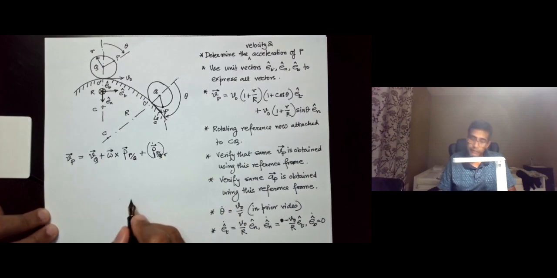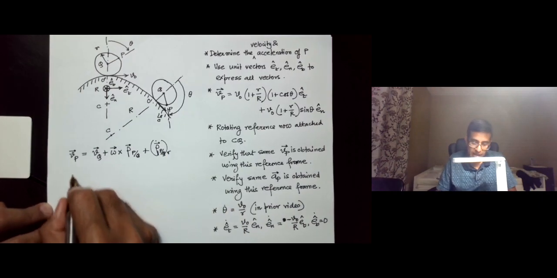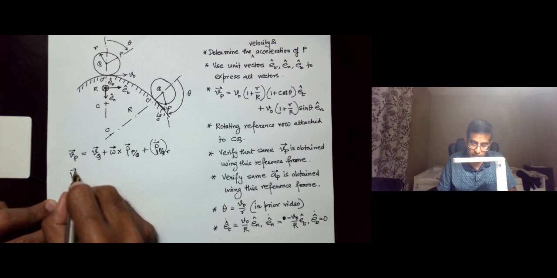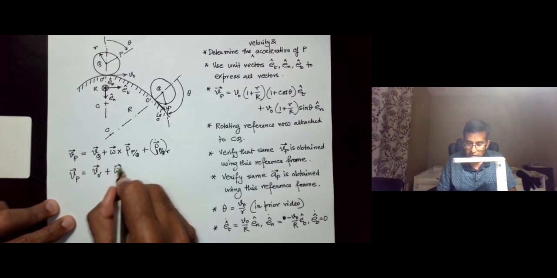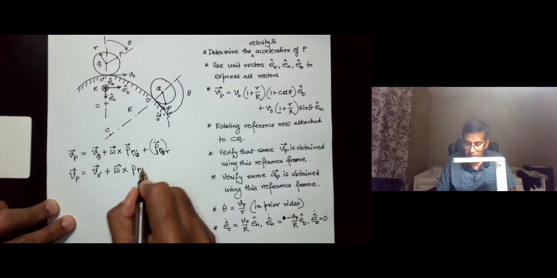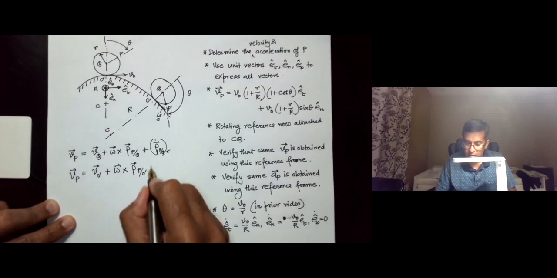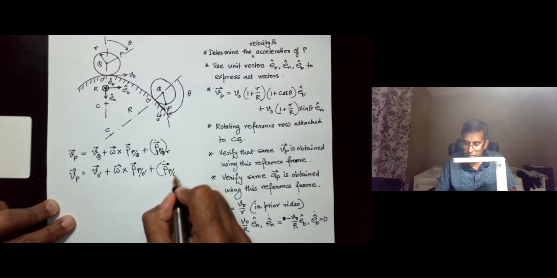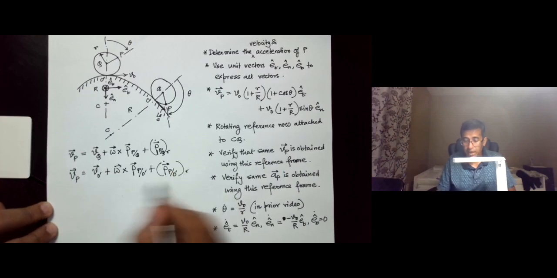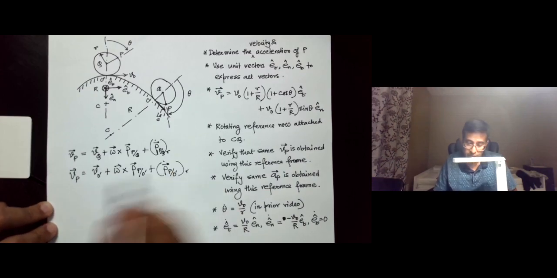We can do that, or we could write it as Vp equals Vo prime plus omega cross rho p with respect to O prime plus rho dot p with respect to O prime, r. So we could actually take either of these approaches.